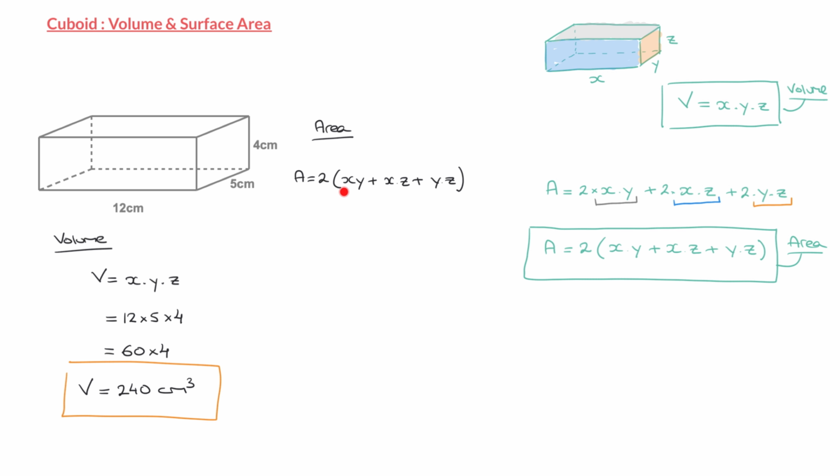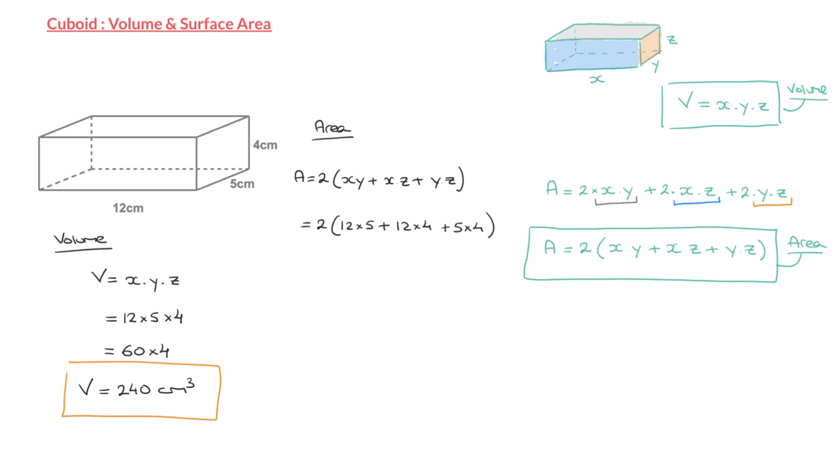Okay, now replacing this x times y by 12 times 5, this x times z by 12 times 4, and this y times z by 5 times 4, this becomes 2 times 12 times 5 plus 12 times 4 plus 5 times 4.